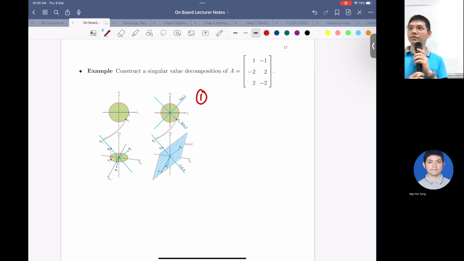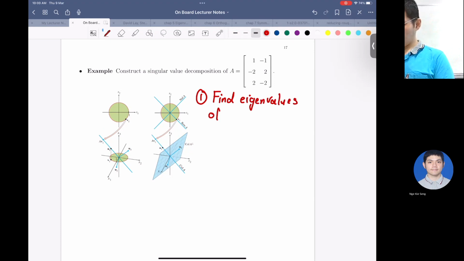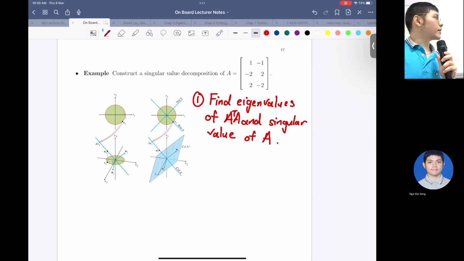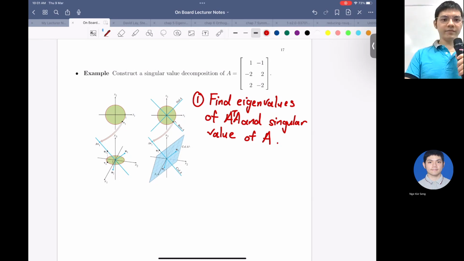Let's start to compute eigenvalues of ATA and singular values of A. Let's together go through these nitty-gritty details. Okay, yeah. So let us go through together all the details.